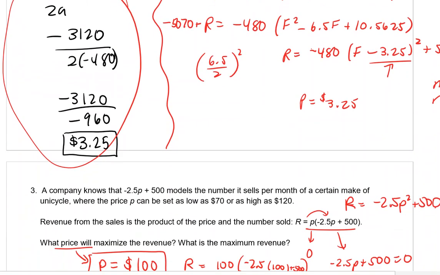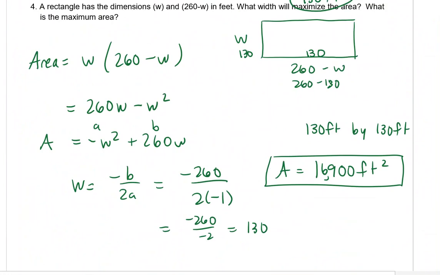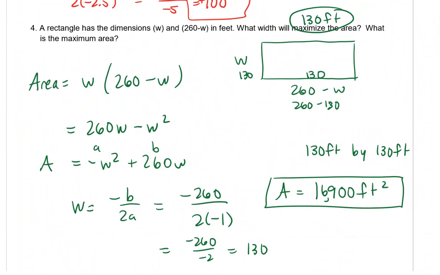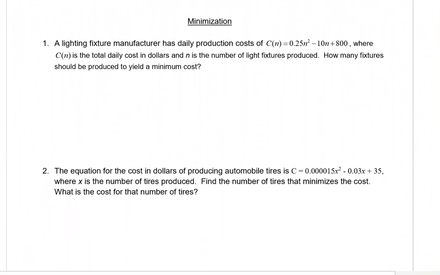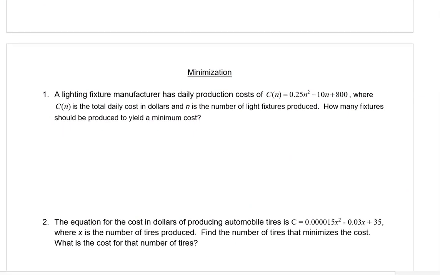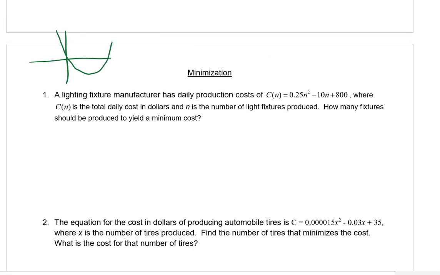I'm maximizing the revenue, or here I'm maximizing the area in a rectangle, which happened to be a square. We can also minimize things. If I'm doing a minimization problem, that means my parabola is opening upwards instead, and I'm trying to find where that valley is.